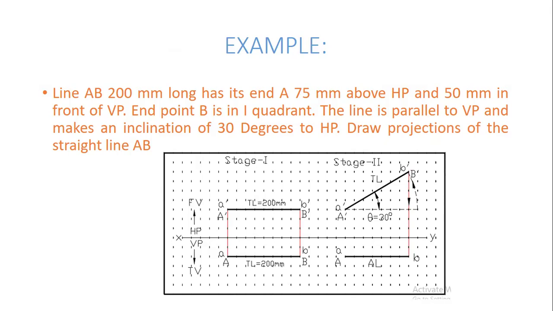It is not the same as what we saw in stage 1. So you compare the length of the line AB in stage 1 and the next stage number 2, it is entirely different. The thing is, here the line is viewed at an angle 30 degrees. So when you project these two, we will not be able to get the same image of the top view. It will be in reduced format.